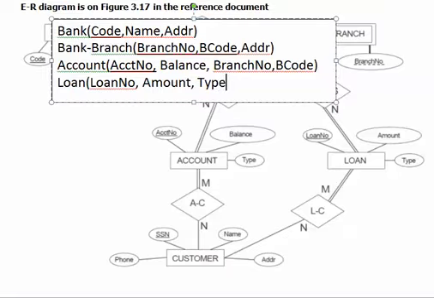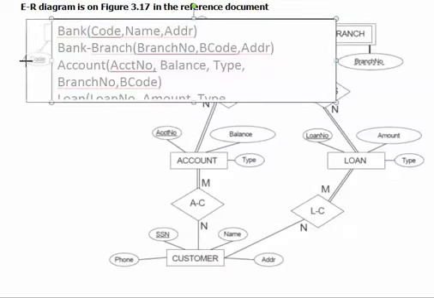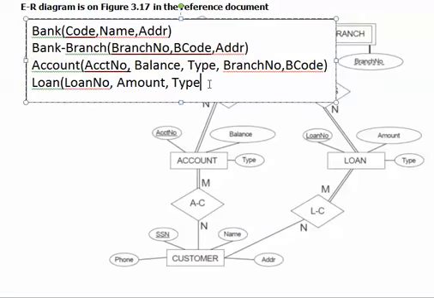Now that I see that, I forgot type on the one here, I didn't put type. It's also type, you see, on account. So there is account number, balance over here, type. Then we got the foreign key. So here we got loan number, amount, type, and then the foreign key is the same foreign key. So we're going to copy that from here.